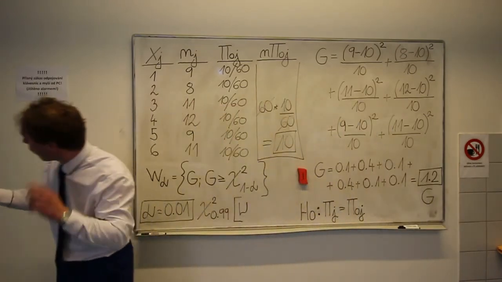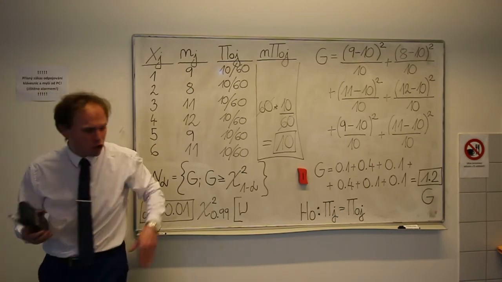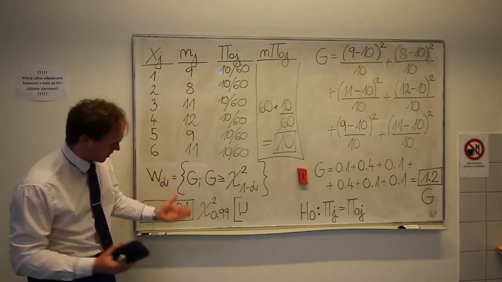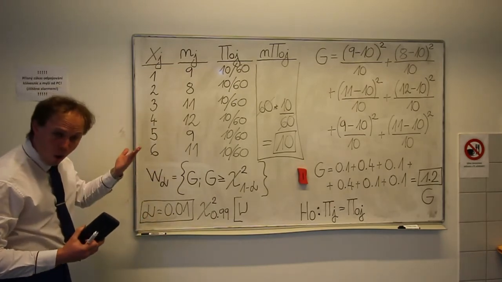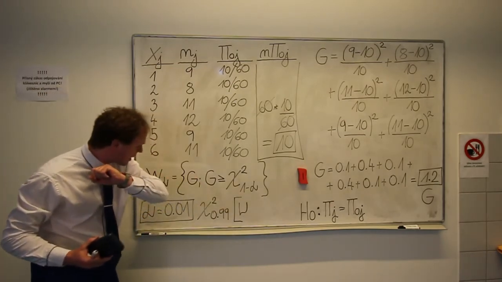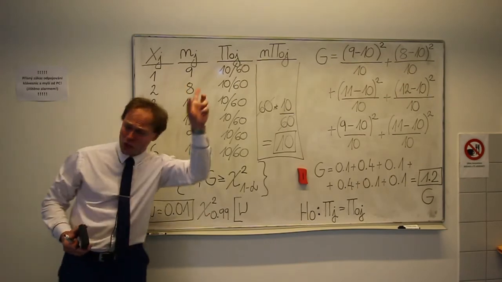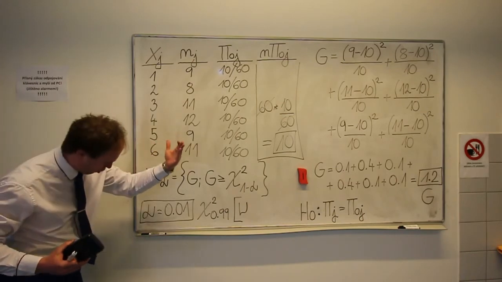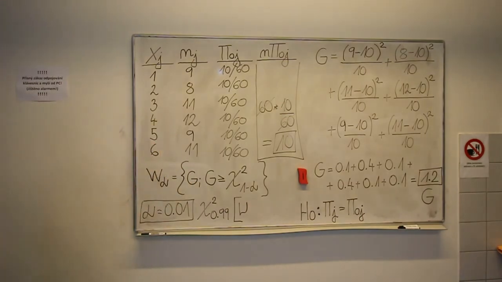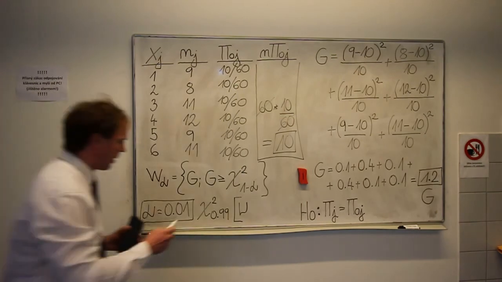Please check your formulas and the statistical tables. Ni is in the first row, and ni is calculated. Please check your formulas. There is written, assuming H0 is true, ni is equal to k minus 1.